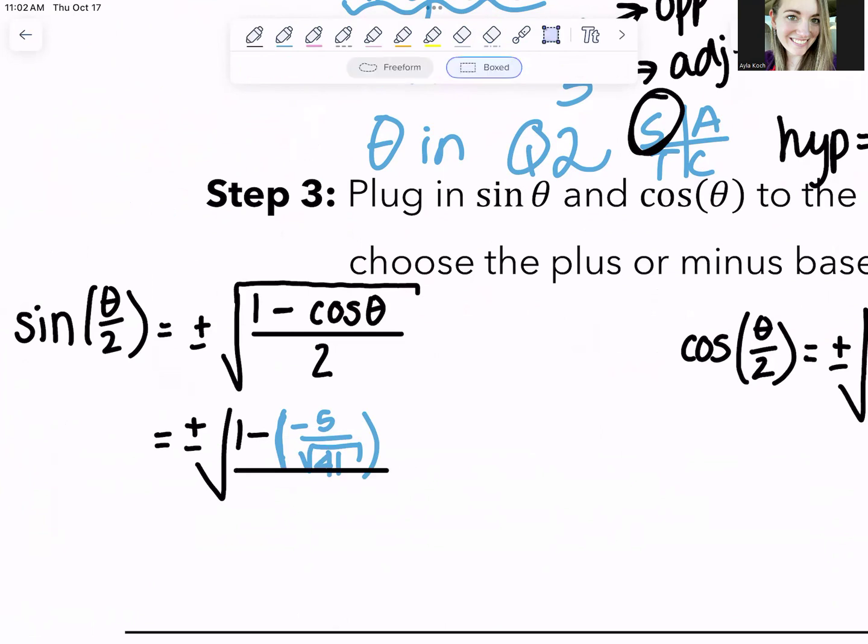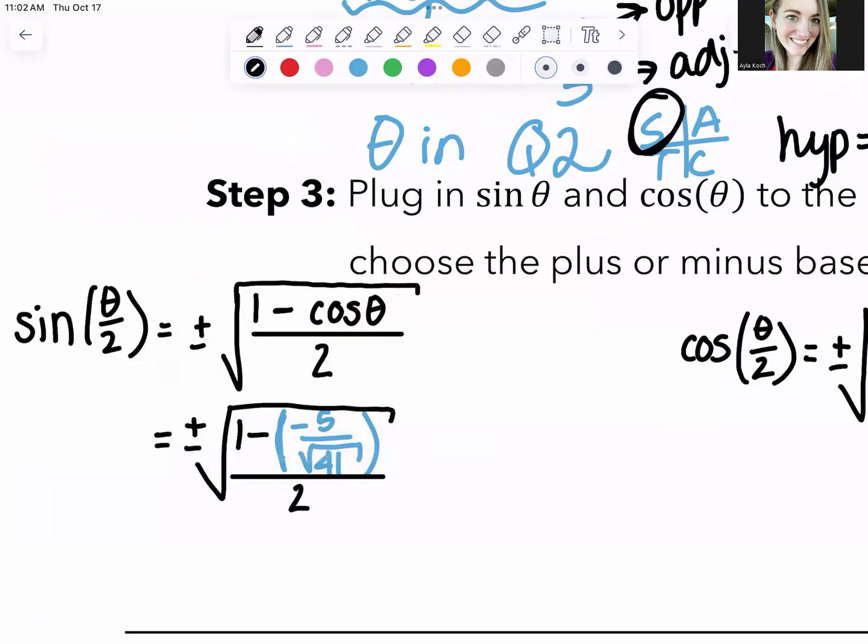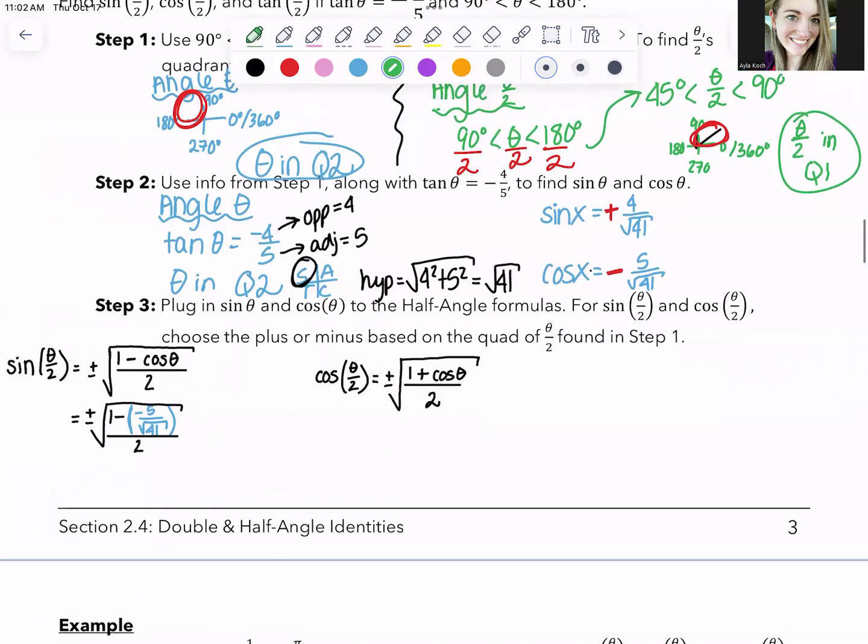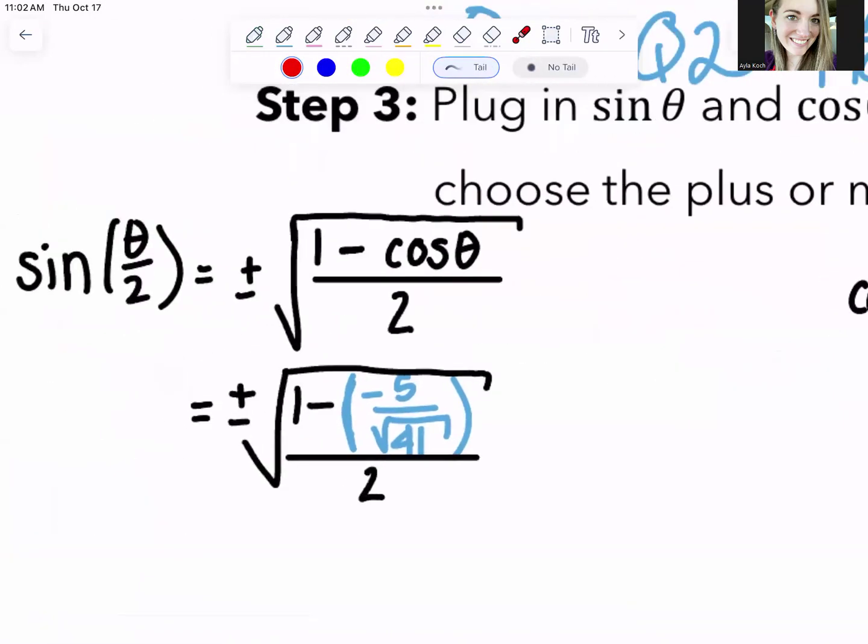To choose the plus or minus, I'm going to come back up to here. Theta over 2 was in quadrant 1.